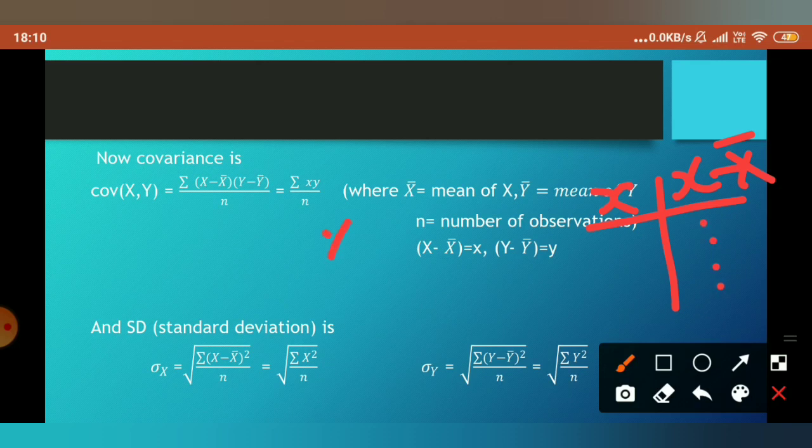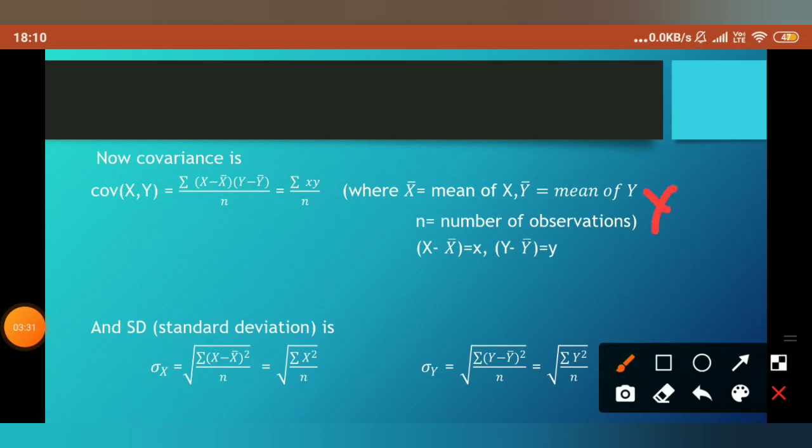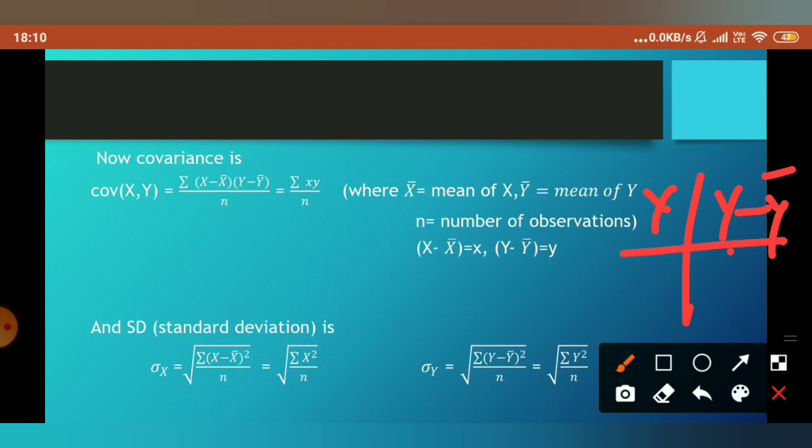Similarly for y, for the y data set, let this be the y terms. Similarly you write y minus y bar and calculate the summation of these, right? In this way you calculate all the different summations.